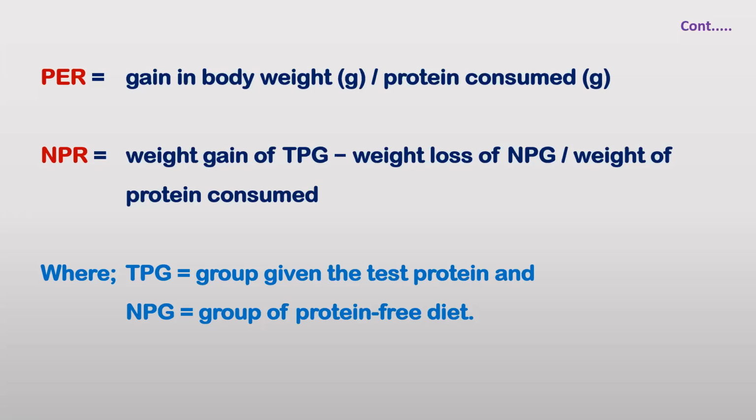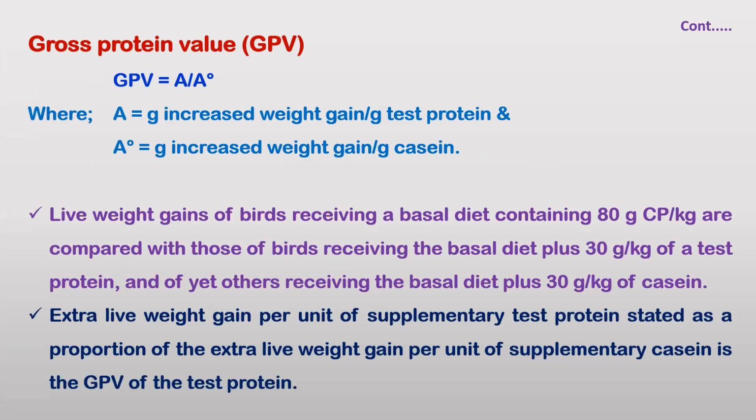So we can calculate net protein retention, where TPG is the test protein group and NPG is the protein-free diet group. By that way, we can calculate PER and NPR.